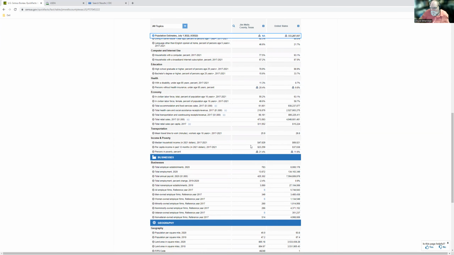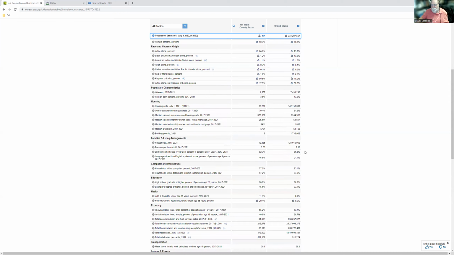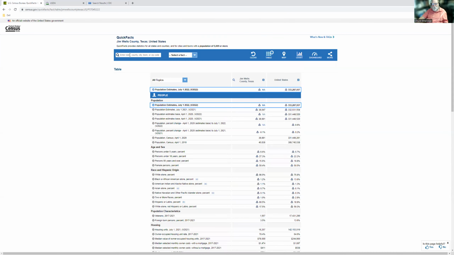The median income in Jim Wells County is 47,000, which is more than 20,000 lower than the United States median income. Let's look at the people who live in poverty. 21% in poverty, almost double the national average as well. So that gives us some context as well. So let's look at Brooks County as well.